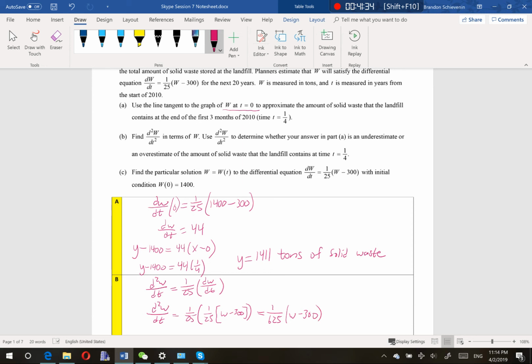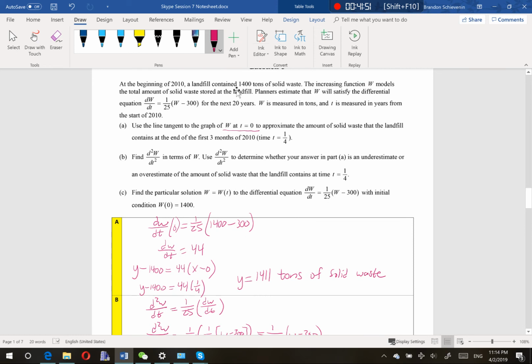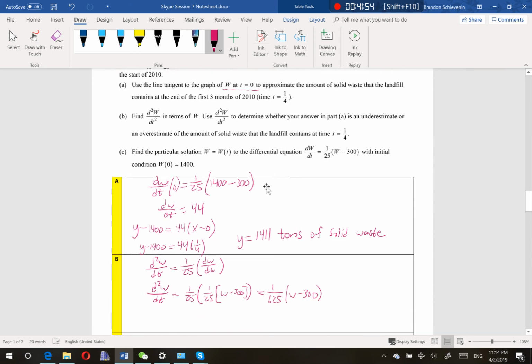And I need to use this to figure out whether we were underestimating or overestimating with our tangent line. So at the point where w is equal to 1400, so that was where we started, were we concave up or concave down? Concave down.